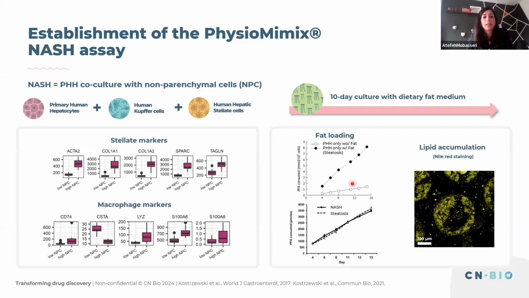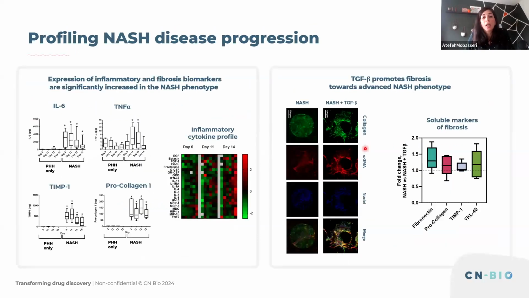We can see the lipid accumulation and also the fat loading. We can also look at the expression of inflammatory markers and fibrosis markers. For example, when we quantify the expression of IL-6, TNF-alpha, TIMP-1, and procollagen, we see an increase in our NASH group compared to the hepatocyte group.